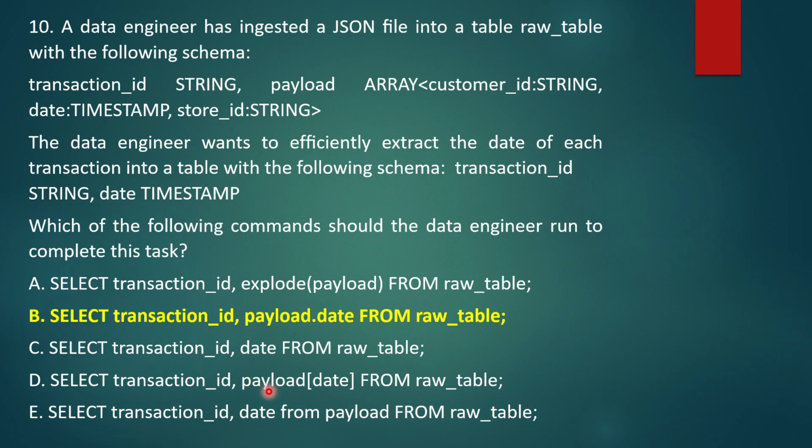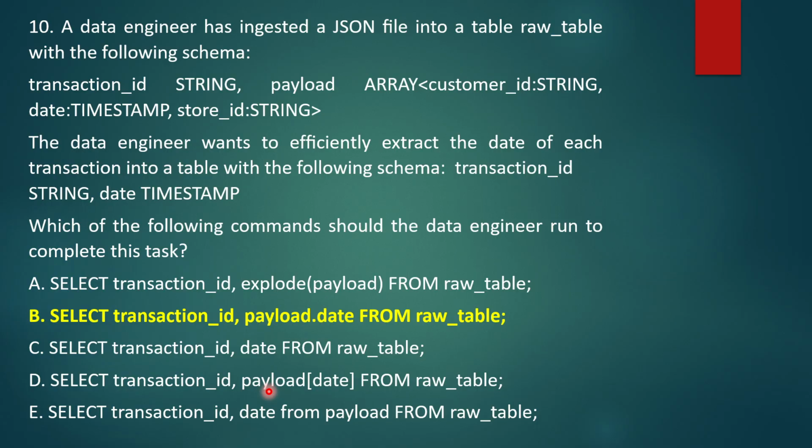The question summary is that the JSON file has been ingested into a table named raw table with the schema: transaction ID string, payload array, with some parameters. The main goal is to create a new table with the schema: extract data from each element of the array payload, produce one row per item in the array, and retain the transaction ID and associated date for each payload entry.